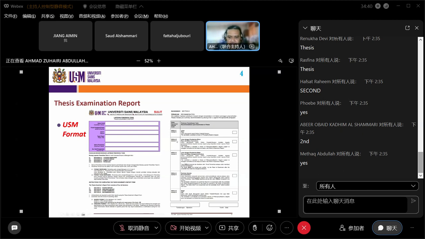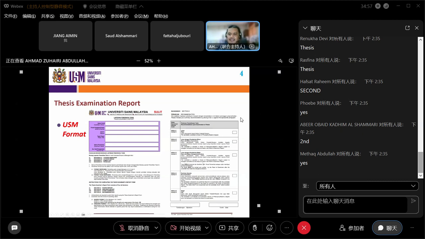Scale 2 is a minor, right? Pass, but with minor correction that needs to be addressed. And scale 3 is even worse, right? But still pass. Pass with major corrections, major changes.